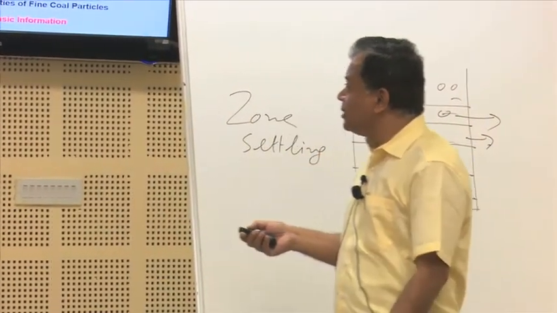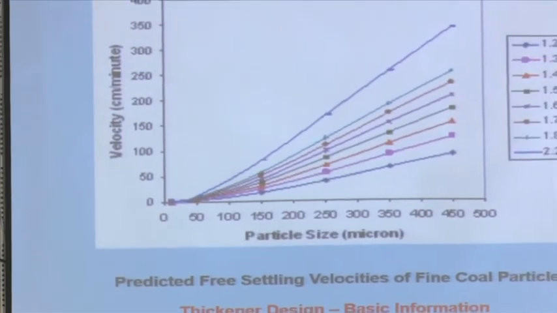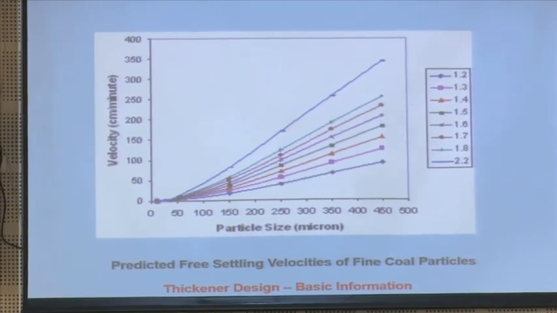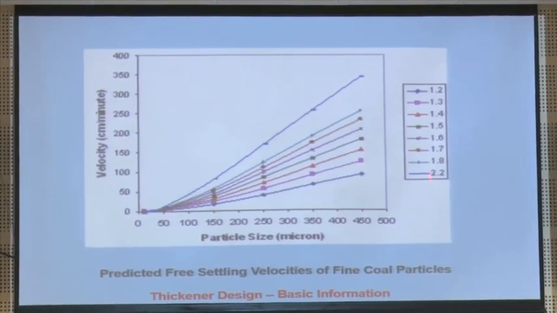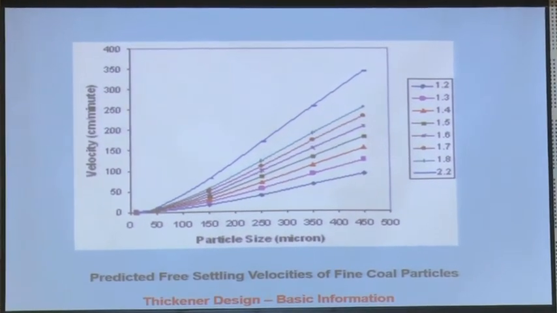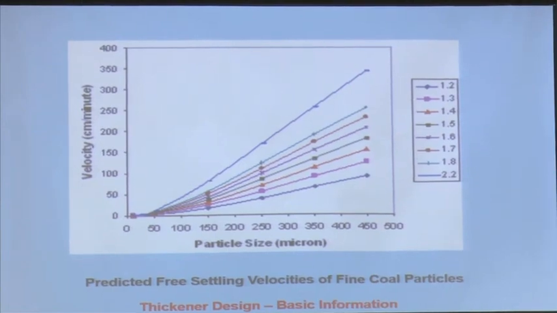So, here you see, if I am designing a thickener for fine coals, I know the density varies from 1.2 to 2.2, that is the beauty of my coal. So, I can easily calculate the settling velocity as a function of size, because I know they are minus 0.5.